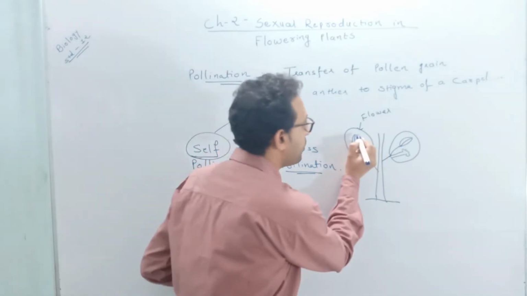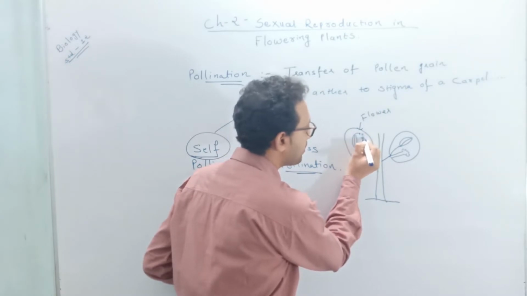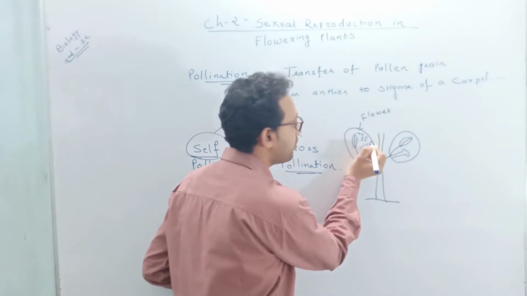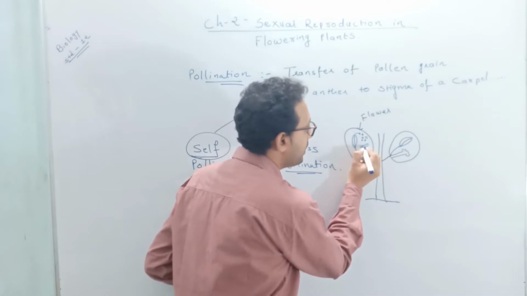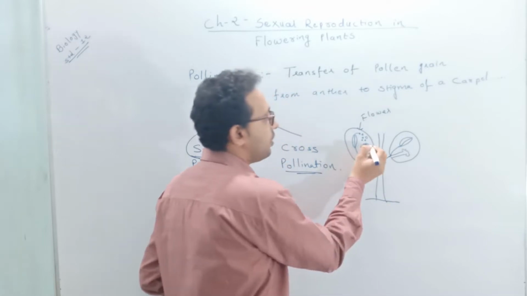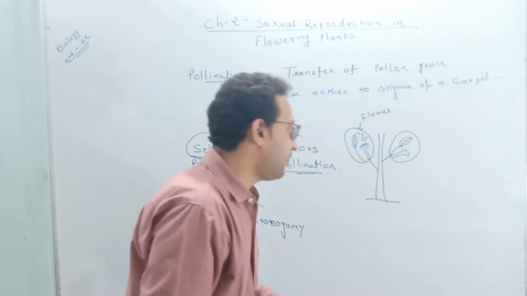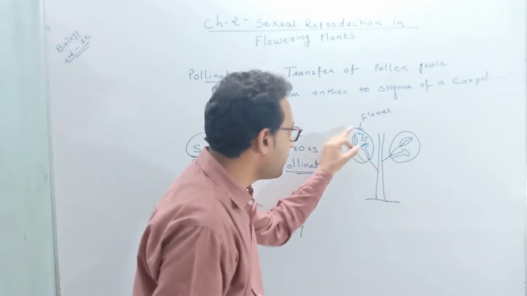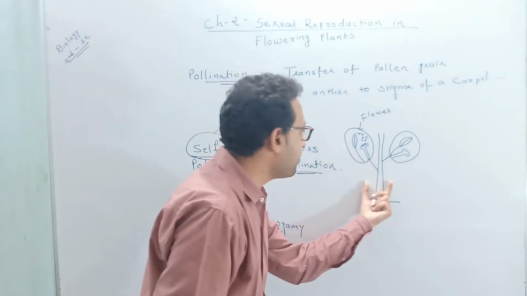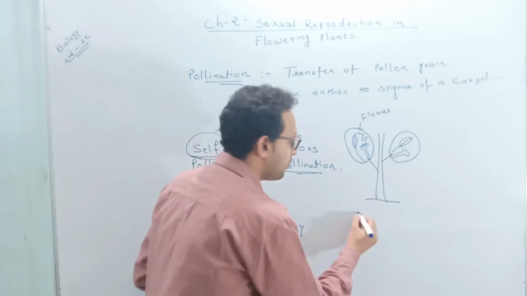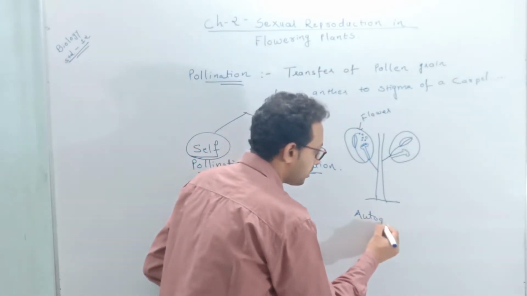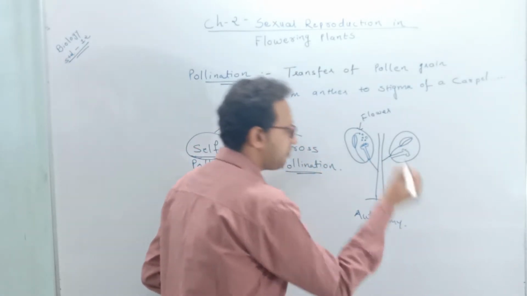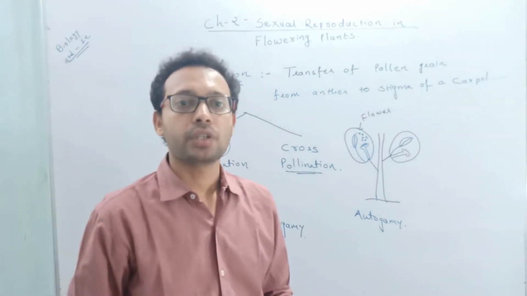So here the pollen grain which is released is transferred to the stigma of the carpel of the same flower. It occurs within a flower of the same plant. This type of pollination is called autogamy.